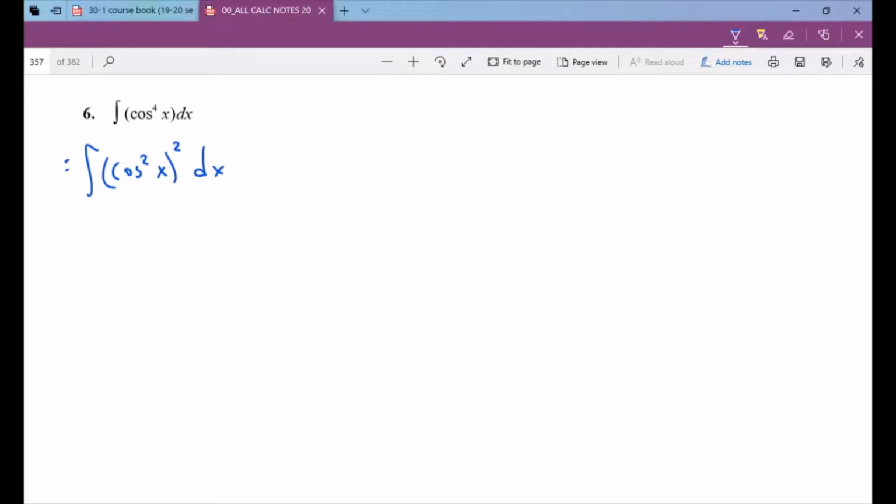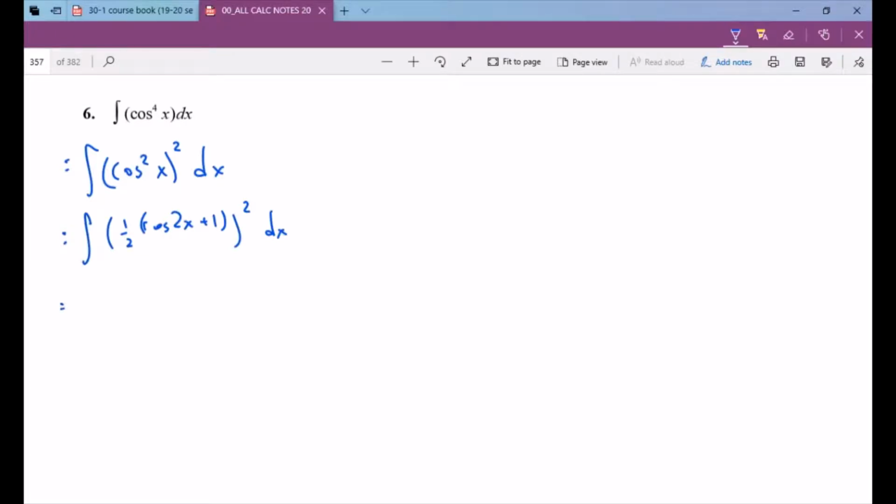And then this ends up being equal to the integral of (1/2 (cos 2x plus 1)), all being squared still, dx. So we're just doing our same identity substitution that we did in the previous question.